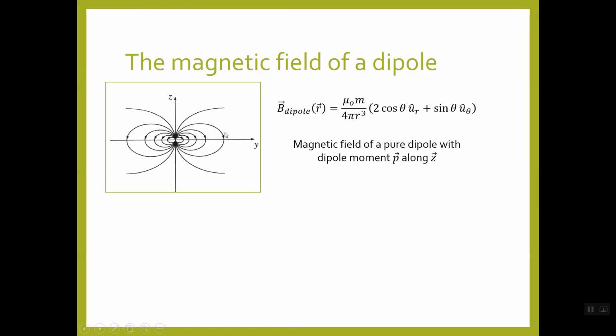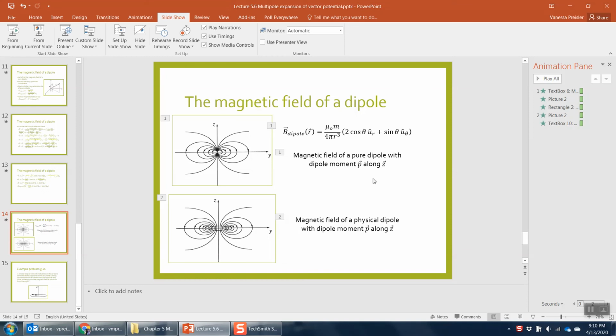And this is what it's going to look like if I have the pure dipole with dipole moment m along z.